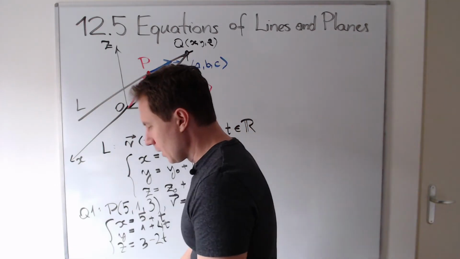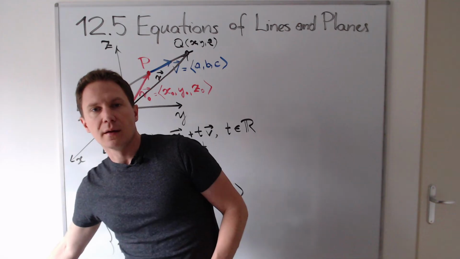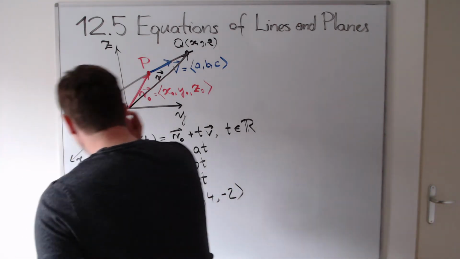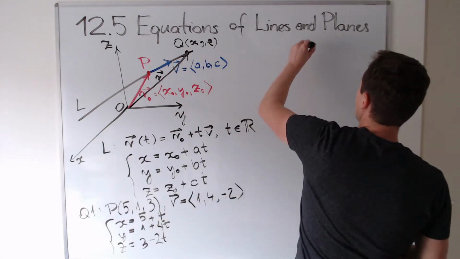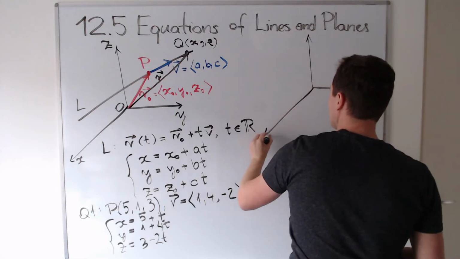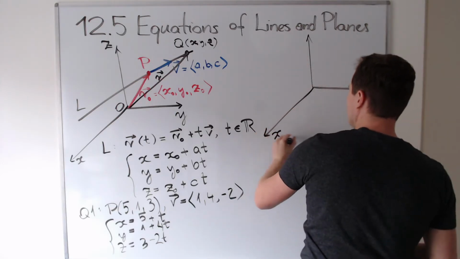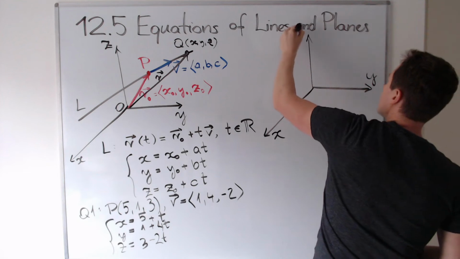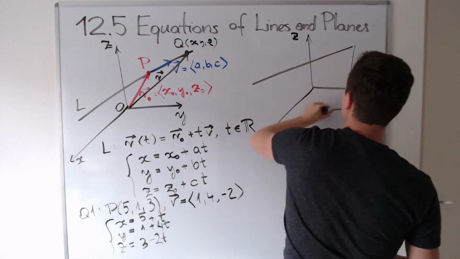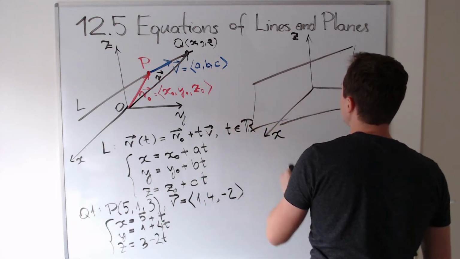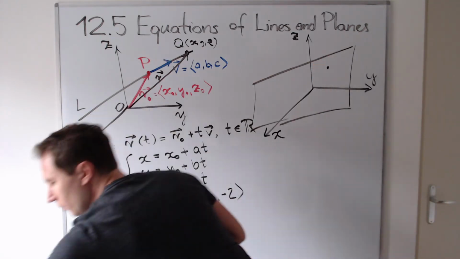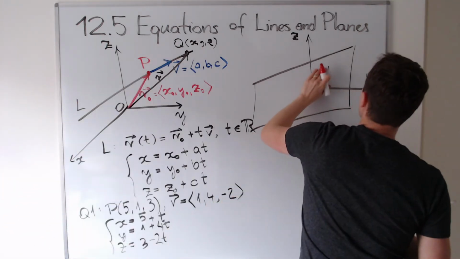So next we go and talk about planes. So the equation of the plane, we again need some initial data. Imagine that there is a plane in space. For that, what we need is a point on the plane. So that would be, well, let me call that P again.